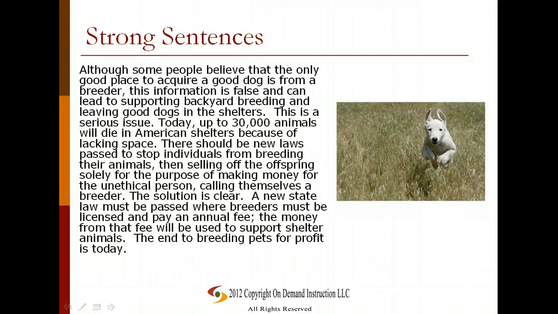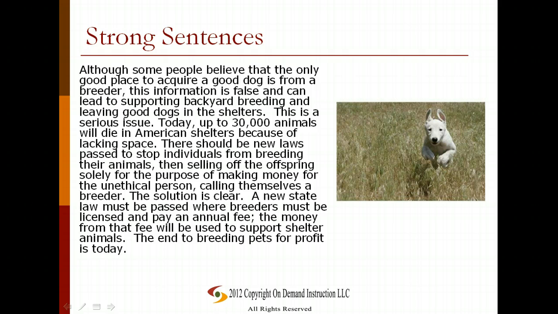There should be new laws passed to stop individuals from breeding their animals, then selling off the offspring solely for the purpose of making money for the unethical person calling themselves a breeder. The solution is clear. A new state law must be passed where breeders must be licensed and pay an annual fee. The money from that fee will be used to support shelter animals. The end to breeding pets for profit is today.